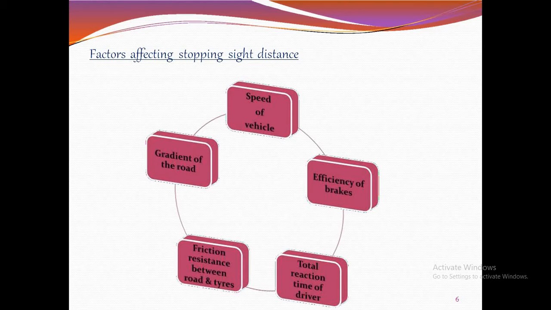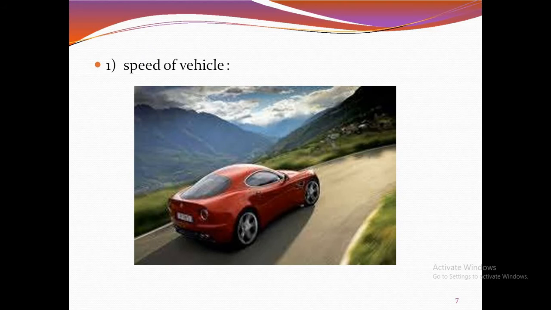So five points we need to take into account. Regarding the speed of the vehicle, we should maintain the proper design speed when traveling on the road for the stopping sight distance.